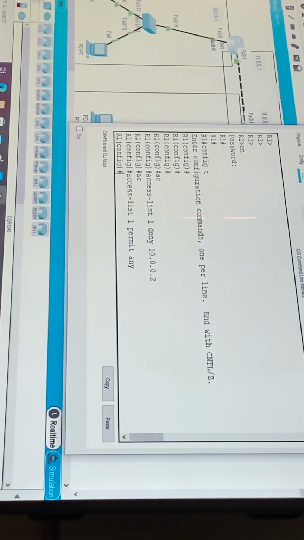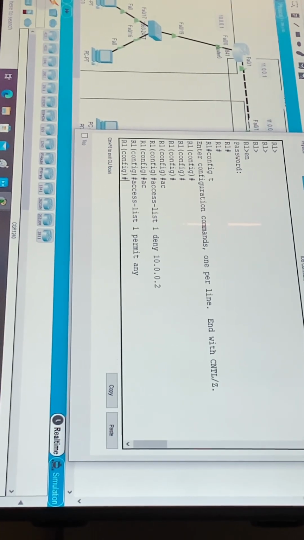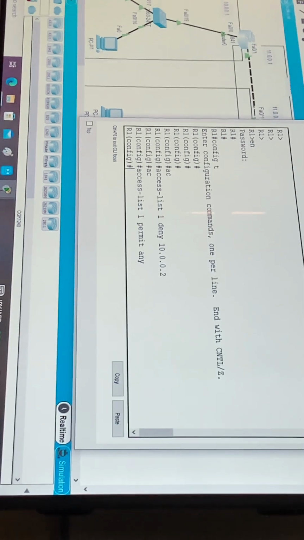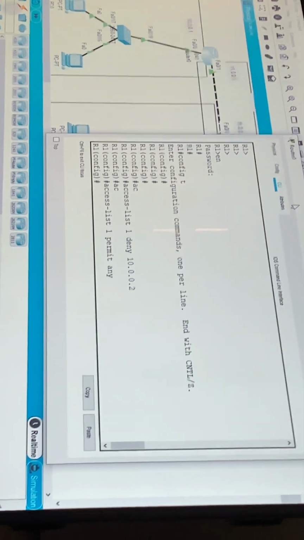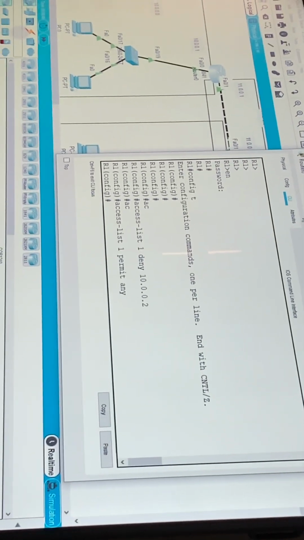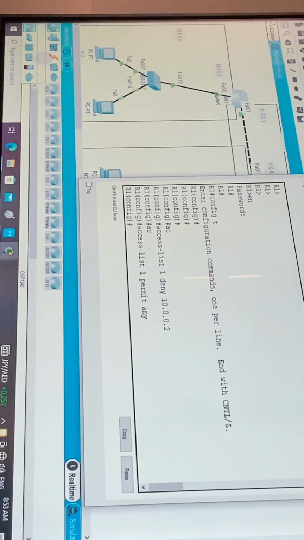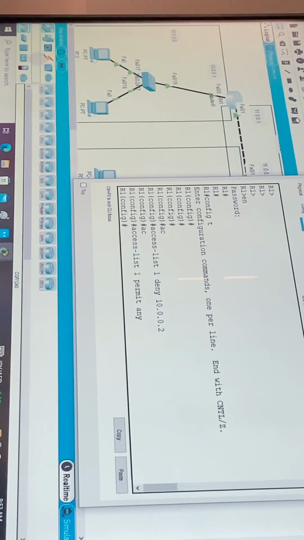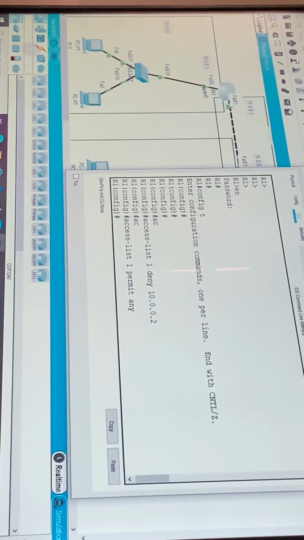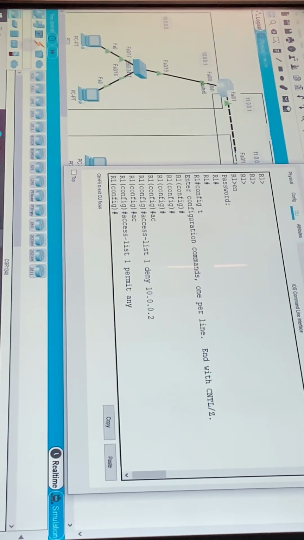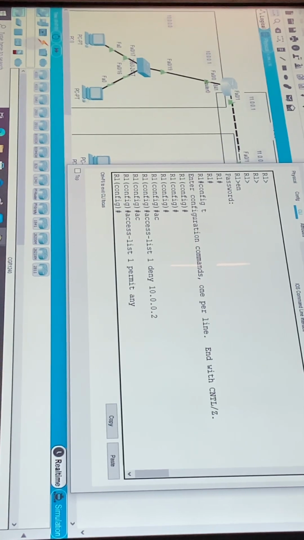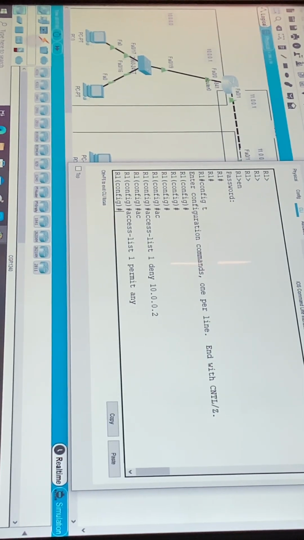Any means everyone else. So I'm denying 10.0.0.2, but I'm allowing the others. I must allow after the deny, not before the deny. The order of writing the commands is very important. If I allow before deny, it will not work. I must deny, then allow.